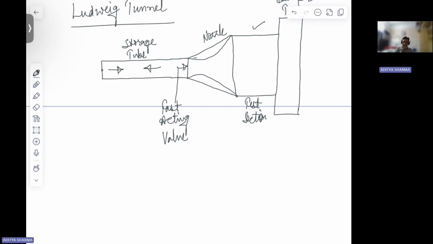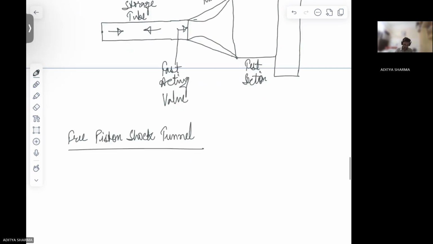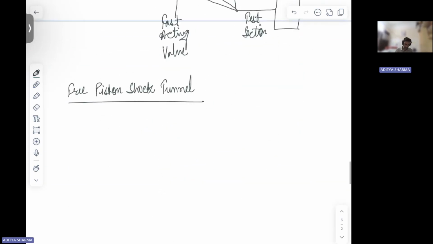Then we have pre-piston shock tunnel. So its schematic is this way.